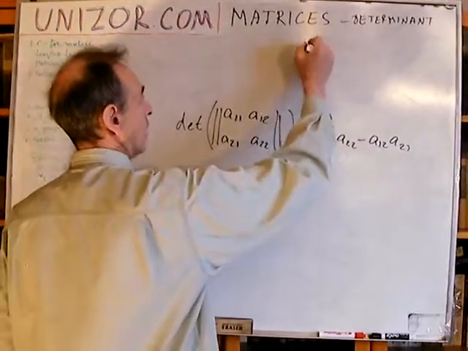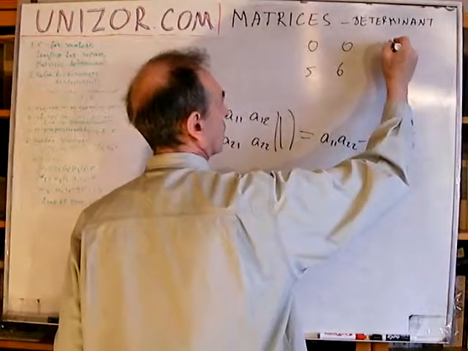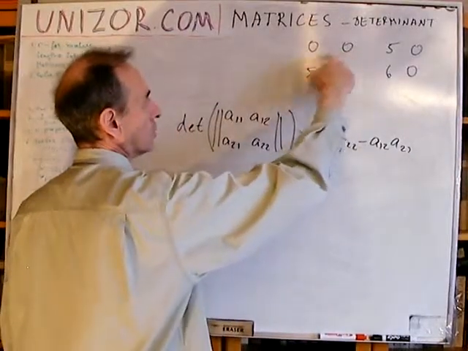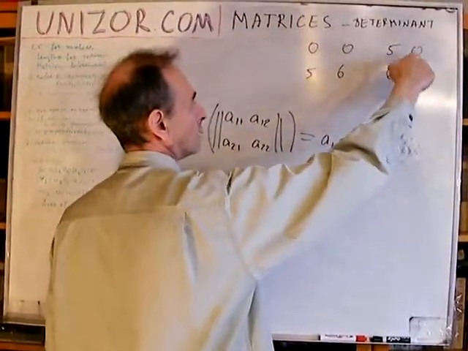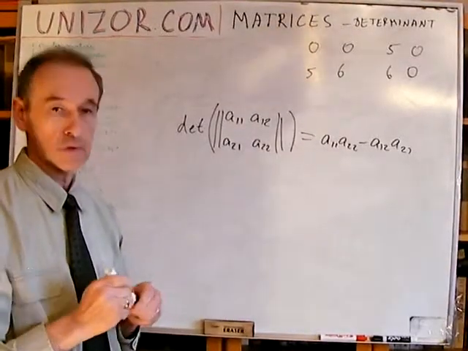So matrices of this type or this type, so when one row, first or second row, or one column, first or second column, equals 0, then the determinant is equal to 0.